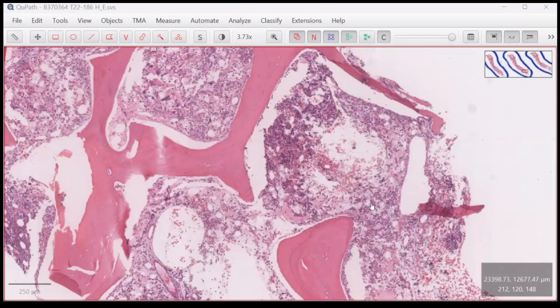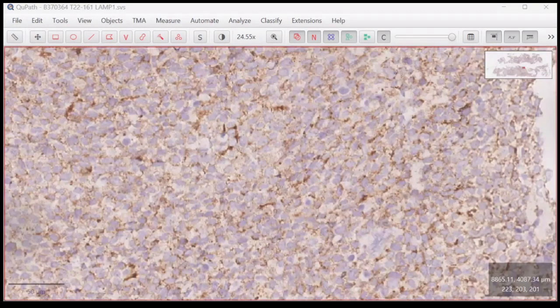This is okay. Can you see the 68? No, doctor. We're seeing the LAMP one. Oh, yes. Sorry.